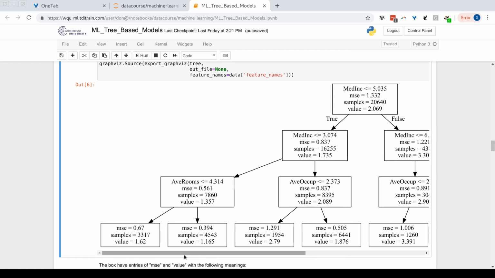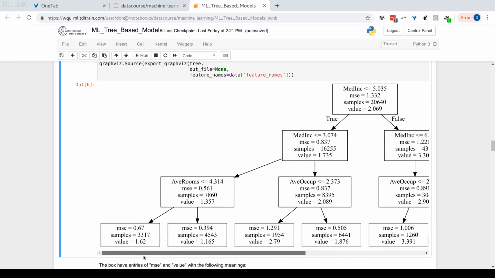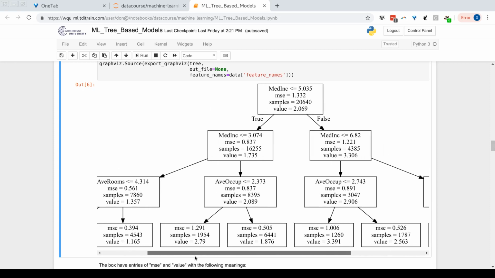So the max number of nodes at a depth is going to be 2 to the depth of that layer. Makes sense because we have a binary recursive process. Each node that we create, we further split into 2. So notice now, at a depth of 3, we have a total of 8 nodes at the deepest layer.